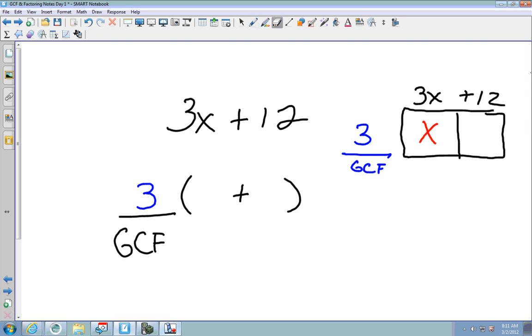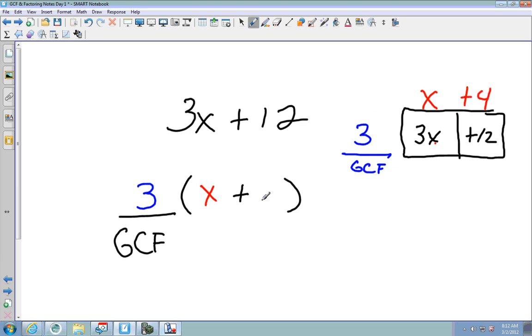Oh, you know what? I did this backwards. Crazy me. Okay, the product goes inside the box. That's why it's backward. All right, 3 times what gives me 3x? This is the 3. You guys are confusing me. It's the x. So the x goes here. 3 times what gives me 12?